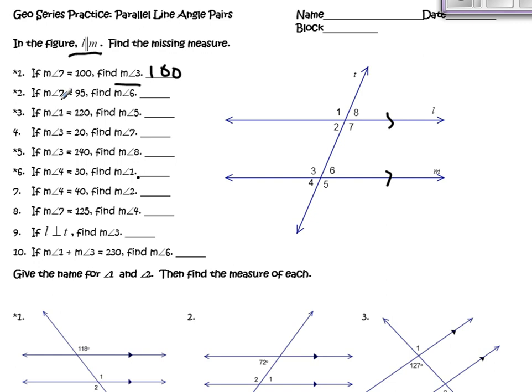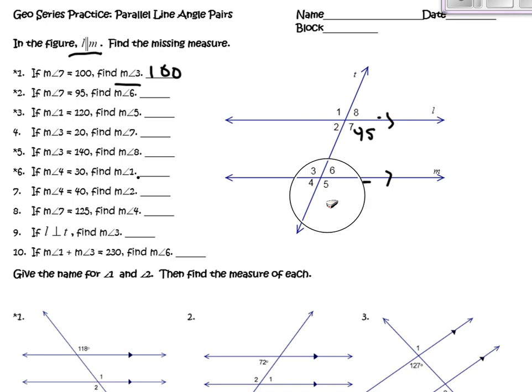Number 2, measure of angle 7 is 95. We want to find the measure of angle 6. What kind of angle pair do 7 and 6 form? 7 and 6 form that C for consecutive and then the I for interior. So 7 and 6 are consecutive interior angles. And if you recall, consecutive interior angles are not congruent.